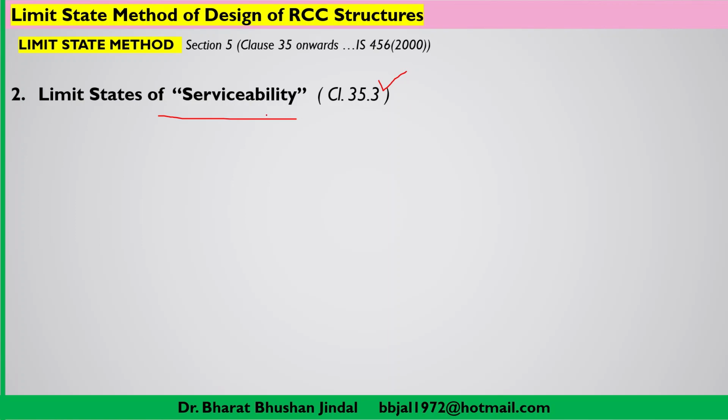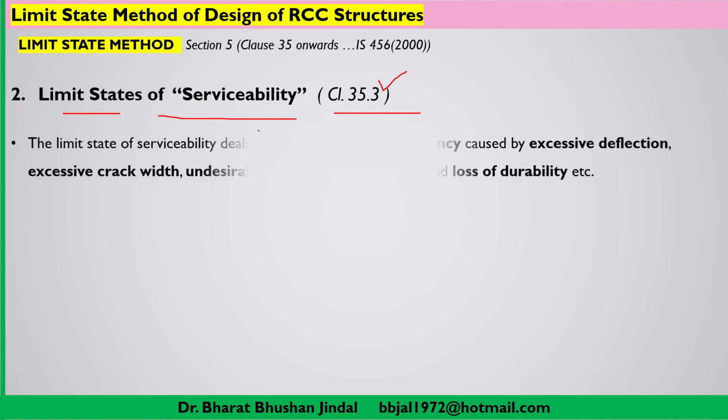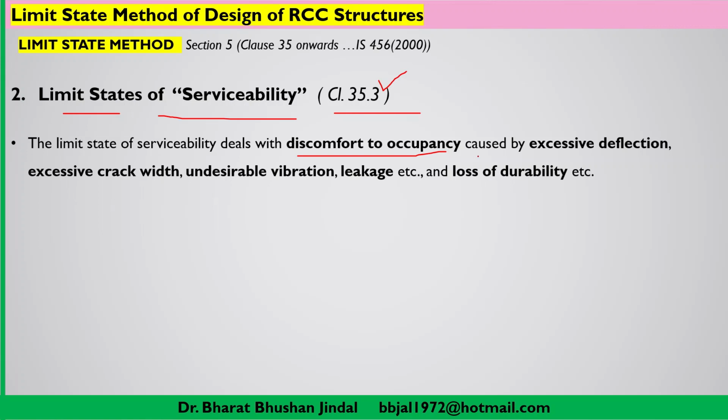It means when your structure is just constructed and ready for use or occupancy, and when that structure is occupied, what will be the behavior of the structure so that people can occupy it safely. So here we have to understand the limit state of serviceability deals with discomfort to occupancy.